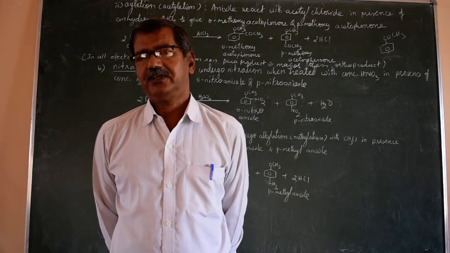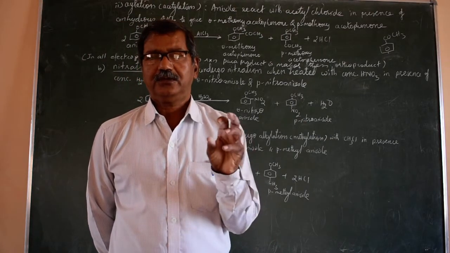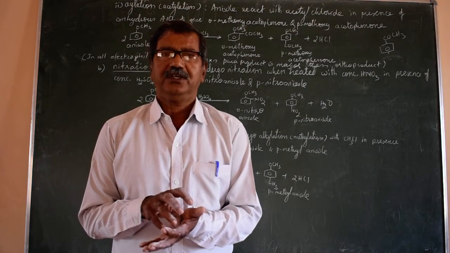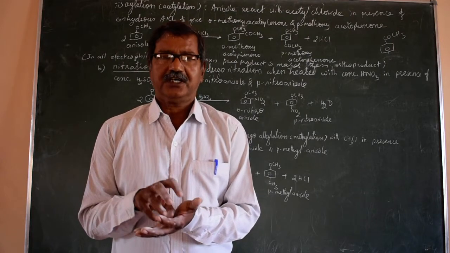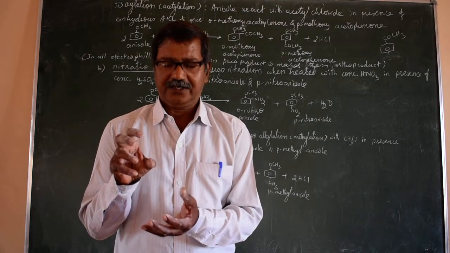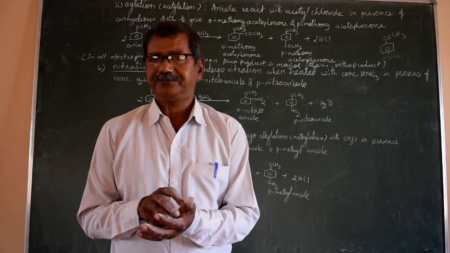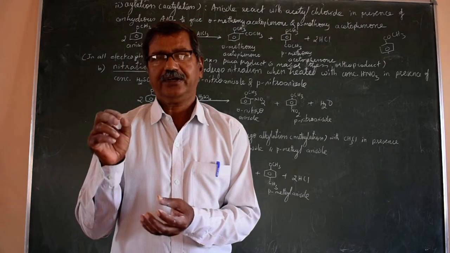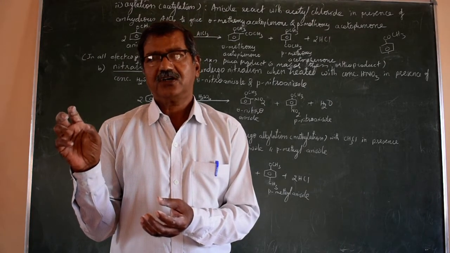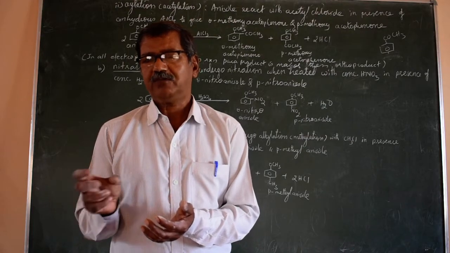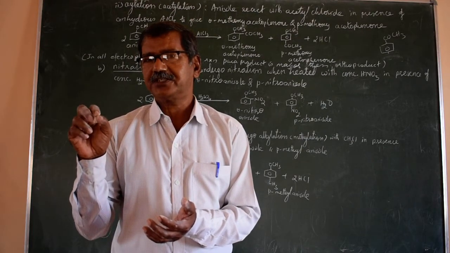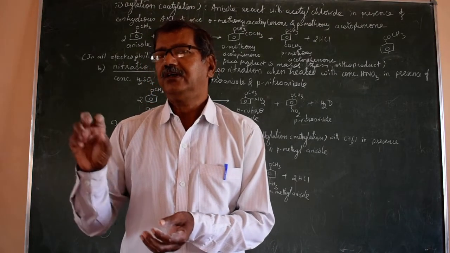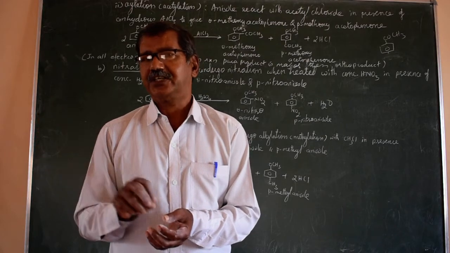We have 3 steps, and I already told you, you must remember the position of the plus charge, that is, on which atom you have to write a plus charge. The first is protonation of alcohol, where you write the plus charge on the oxygen atom. Second, formation of carbocation, where you write the plus charge on the carbon. We have 2 carbons in case of ethyl alcohol; on the CH2 carbon you write the plus charge.